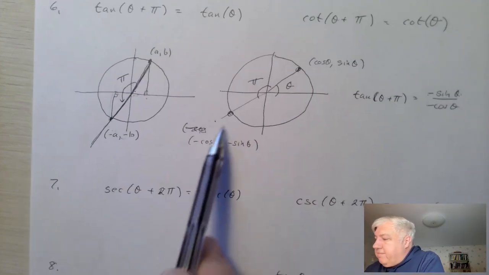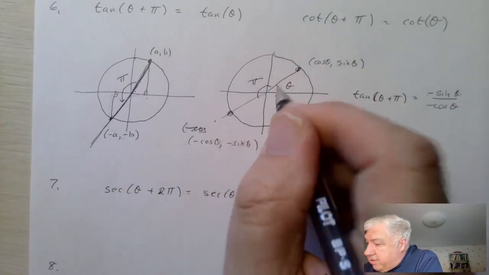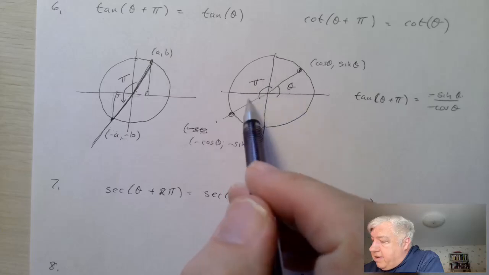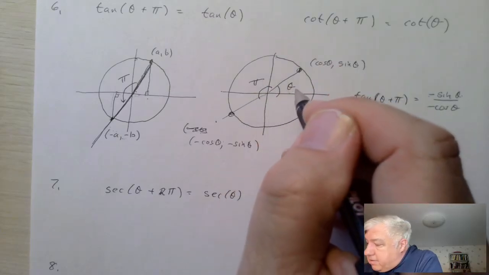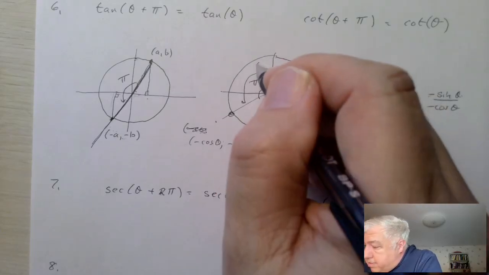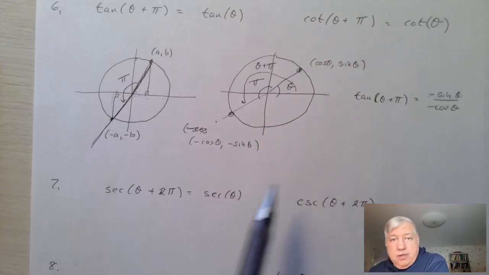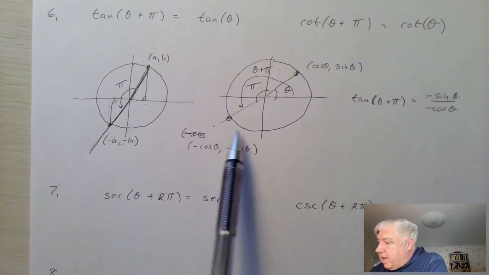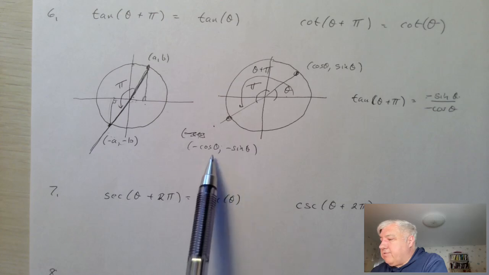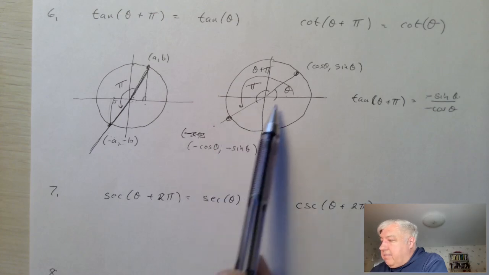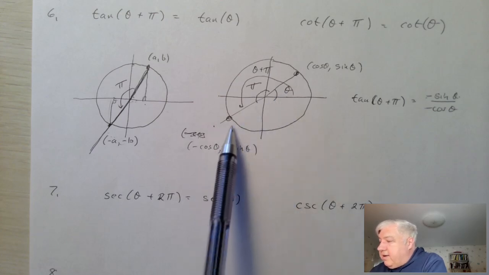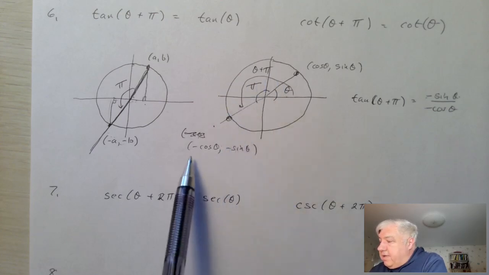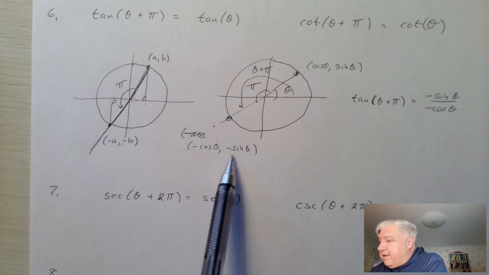Actually it would be this coordinate. So this angle here, from here to here, would be theta plus pi, and so for the tangent, the cosine of this angle would be negative cosine theta, and the sine of this angle would be minus sine theta.